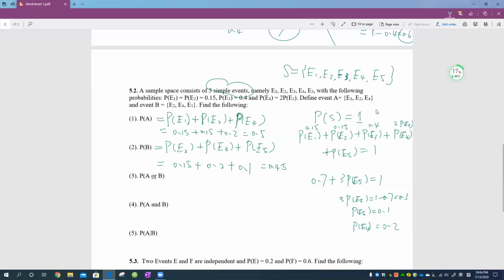And then probability of A or B, the addition rule. So probability of A plus probability of B minus probability of A and B. That's going to be probability of A. We have 0.5 plus probability of B is 0.45 and minus A and B. So how to get probability of A and B?